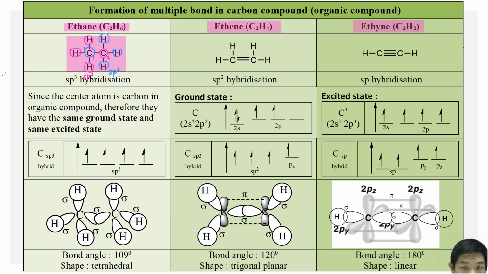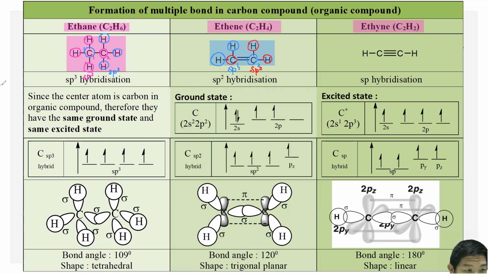Whereas for the ethene molecule, C2H4, as exemplified here, I'm going to label the carbons as usual, C1 and C2. This carbon is surrounded by 3 atoms, 1, 2, 3 here. Therefore, this carbon takes the hybridization of sp2, and the other carbon, C2, is also surrounded by 3 atoms, so this is also sp2.